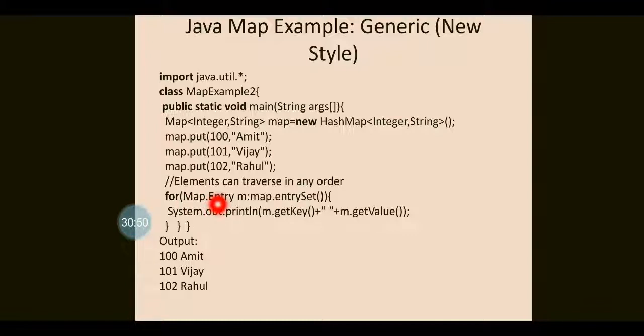So Map.Entry, m is the object, map.entrySet, so that the map is converted into a set. With the help of the print method, with the help of getKey and getValue, it is possible to access the key and value of the map respectively.